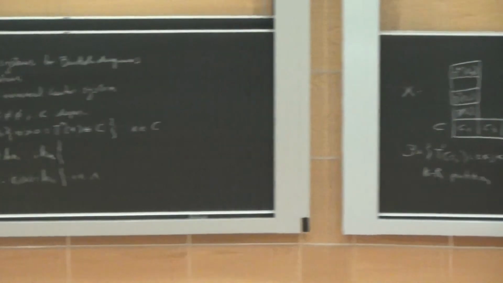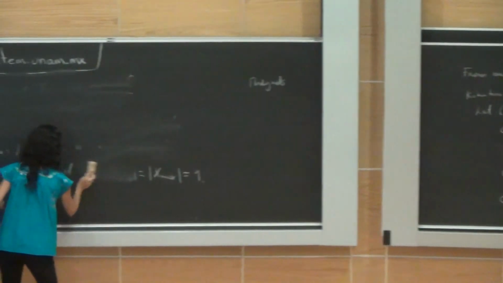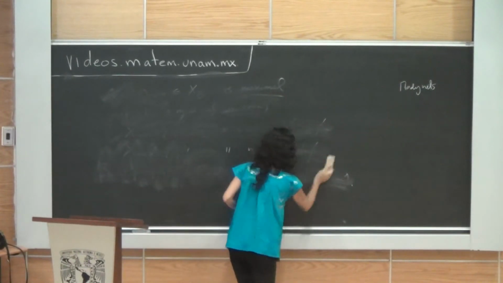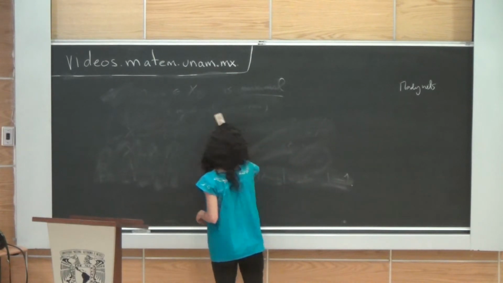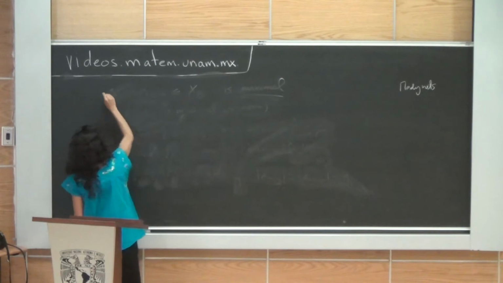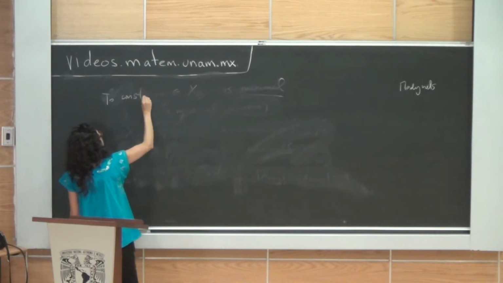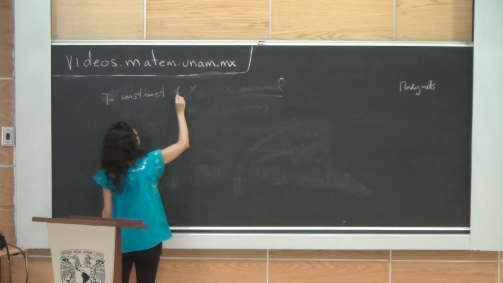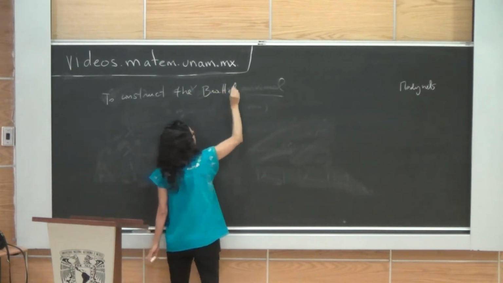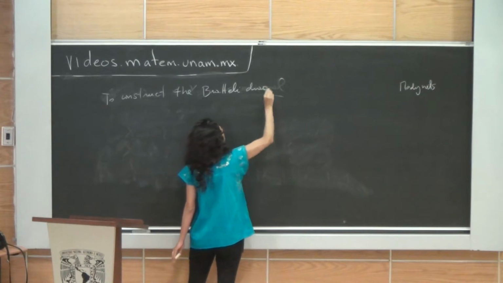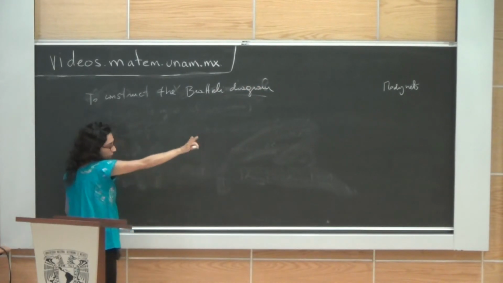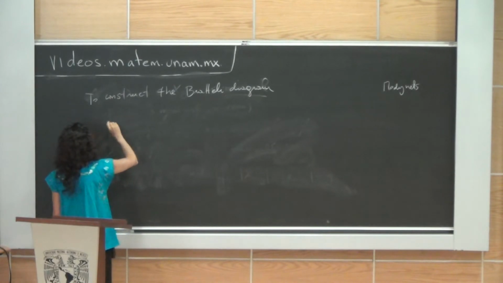And how can we define the Bratteli diagram? So to construct the Bratteli diagram, we take a sequence of partitions like this.